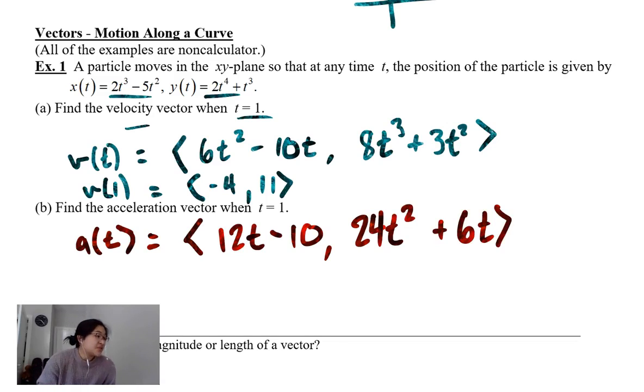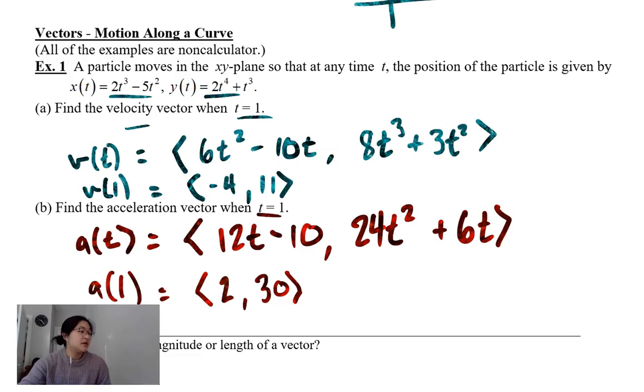But we're still looking at when t equals 1, so our acceleration at time 1 is going to be 2, comma 30. So we're accelerating with this vector 2, 30.